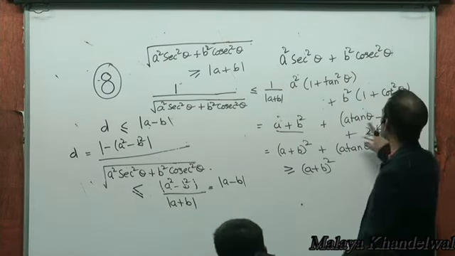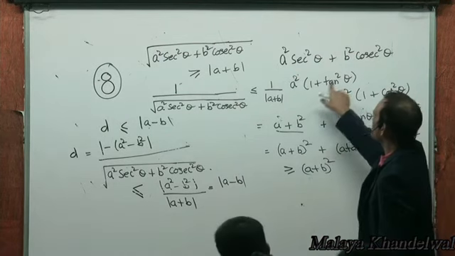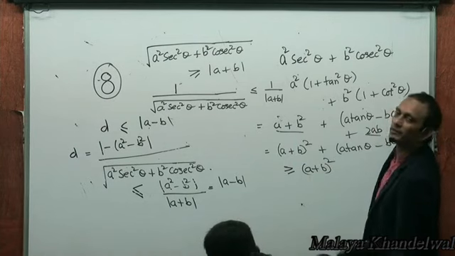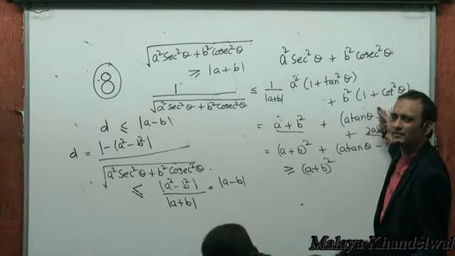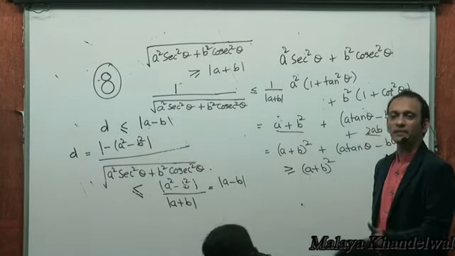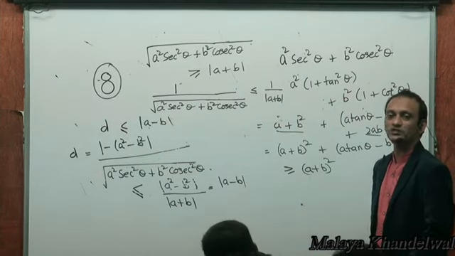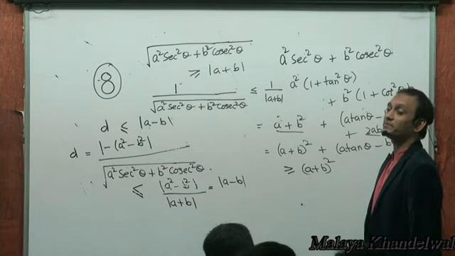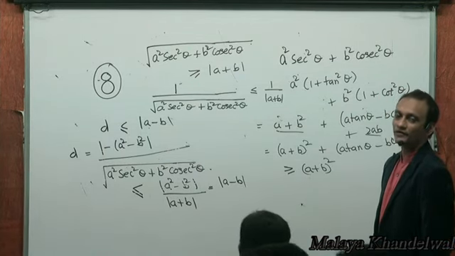I mean, it could have just been used here. A square tan square theta plus b square cot square theta by 2 greater than or equal to 2ab. एक बार x1 by a squared, x by x1 by a squared minus y by y1 by b squared. Yes. Okay. Then it was predominantly algebra, and therefore, there was a mess.